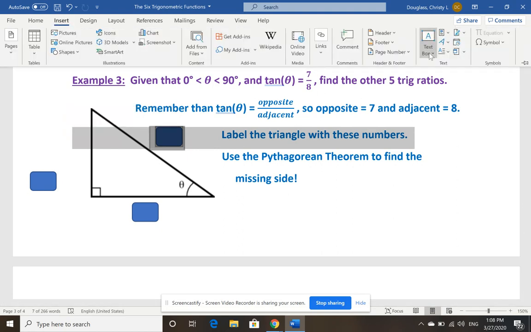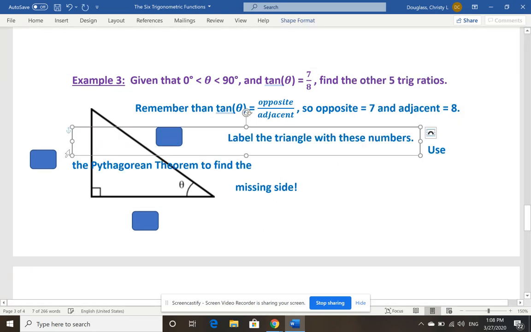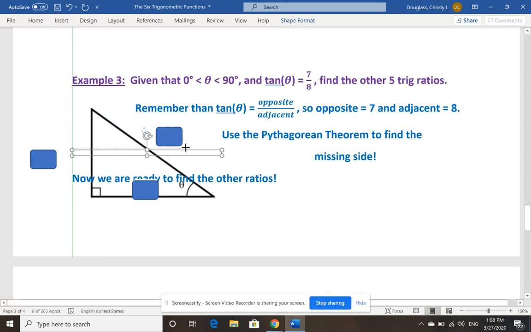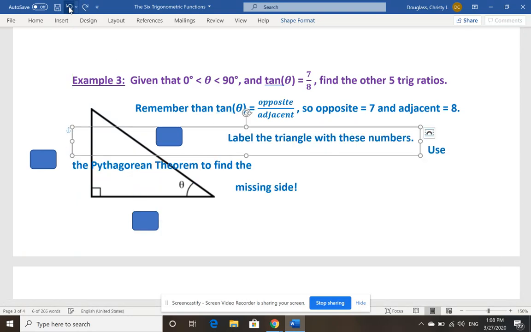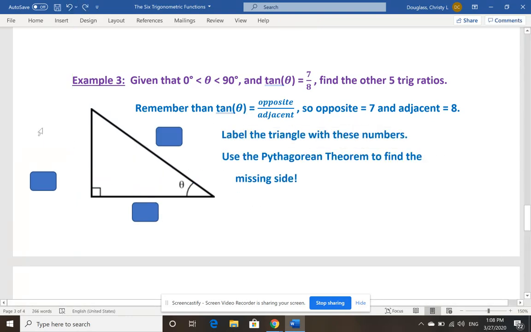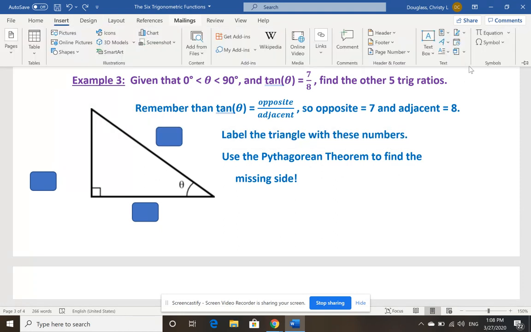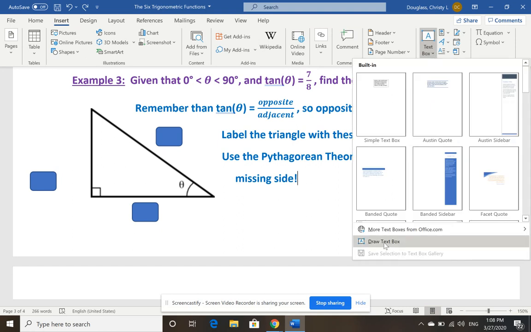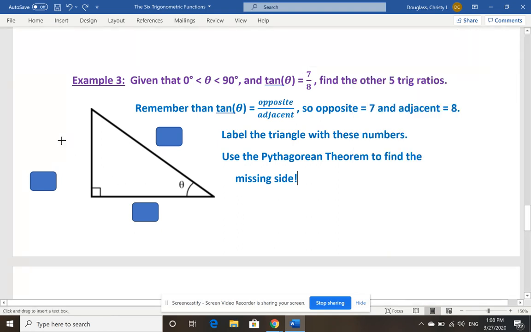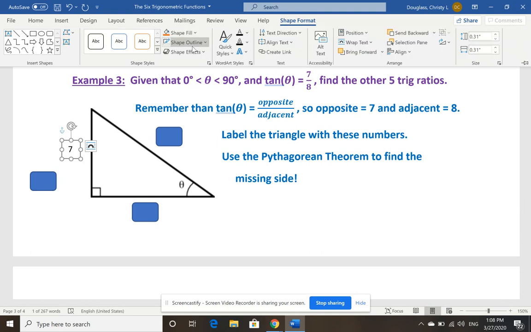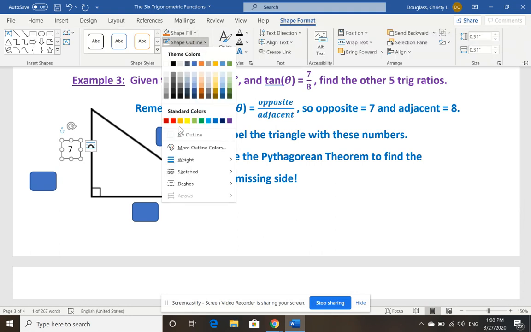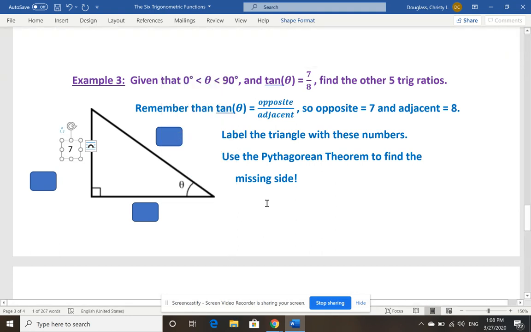So let me insert a text box, but I want to draw the text box. Okay, and I'm going to put a 7 here. And I do not want to outline this, so there we go. All right, sorry about that.